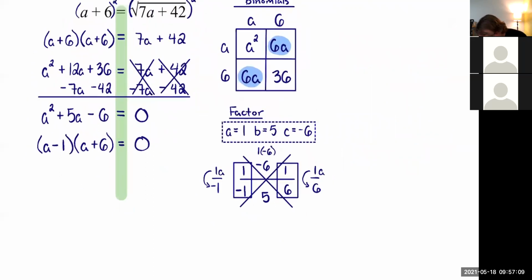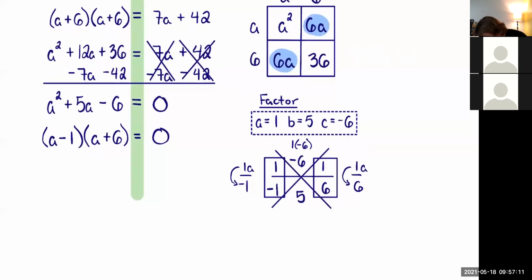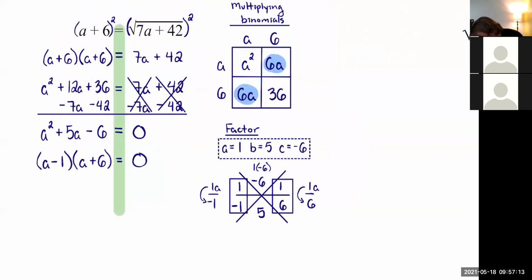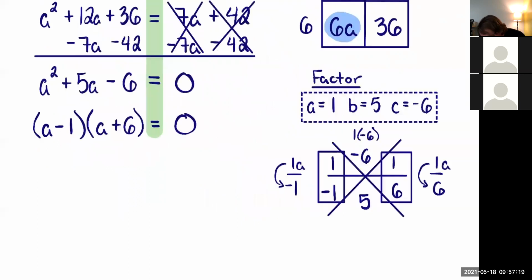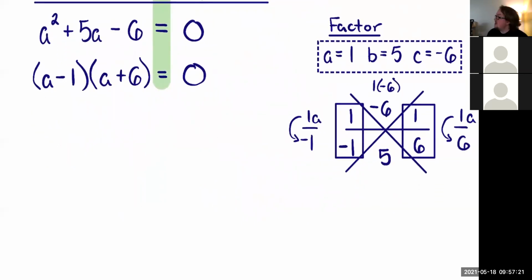So at this point, let me adjust my notes here slightly so it looks extra pretty. Once we had it factored and it was set equal to 0, it was here where we said, okay, this is the prime candidate for the zero product property.